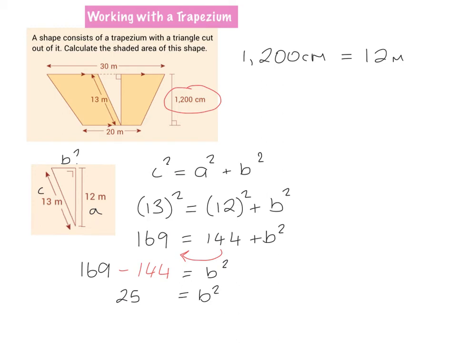And we know that when we want to find out what B is, we get the square root of 25, which is 5, which is B. So B is 5.